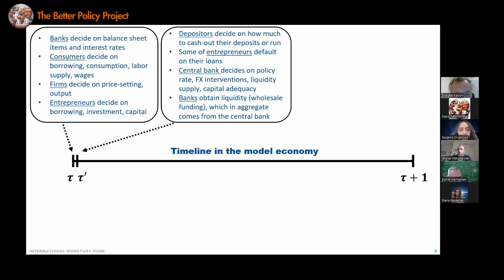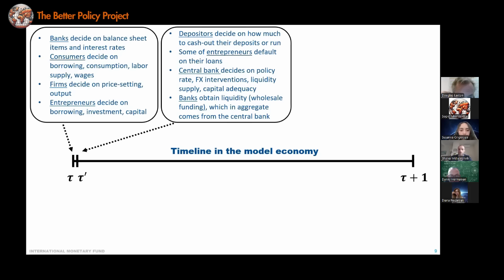And the central bank is also deciding on its policy rate and all its policy instruments at this point, so that banks, when they extended loans, didn't know exactly what policy rate the central bank would set. That's why they are exposed to this maturity or interest rate risk. And when depositors decide how much money to withdraw from this bank, after banks have extended loans, that's also the reason why these banks are exposed to liquidity risk.